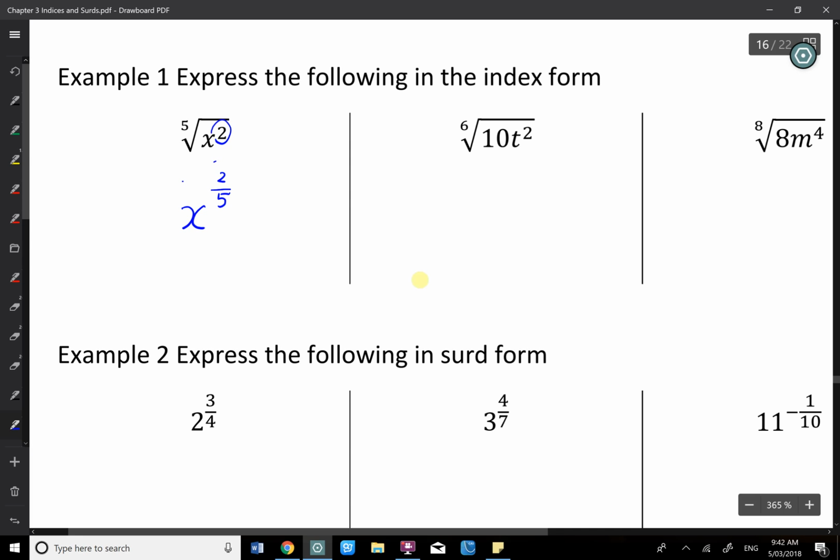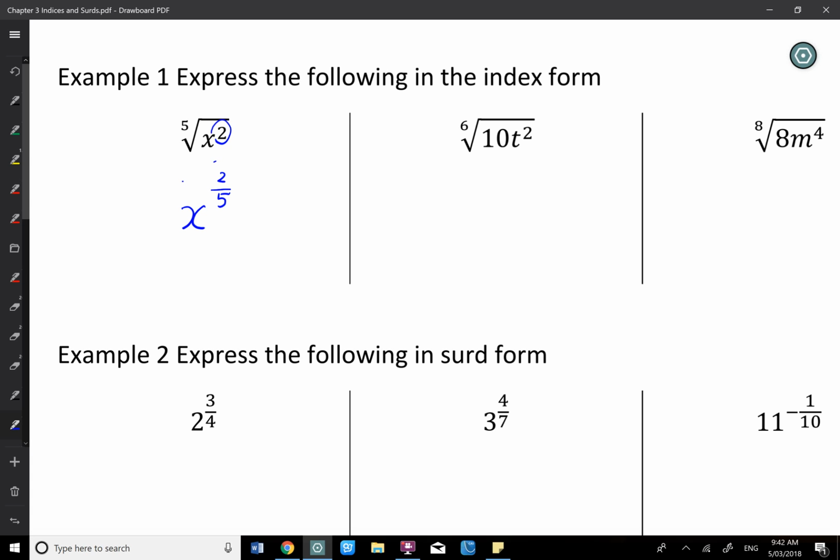Okay, next one. What is the power in this case? Do you think that's 2/6? Anyone disagree? Yes, Michelle? We tend to split the brackets, the power of the student.